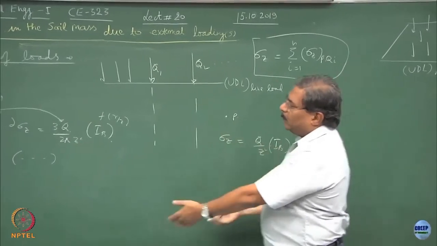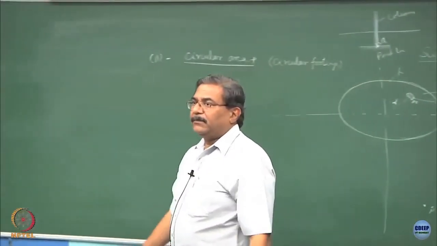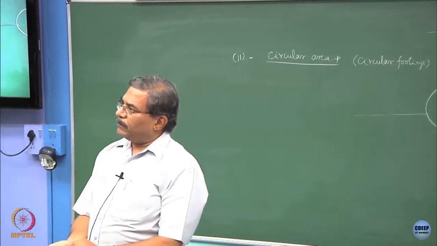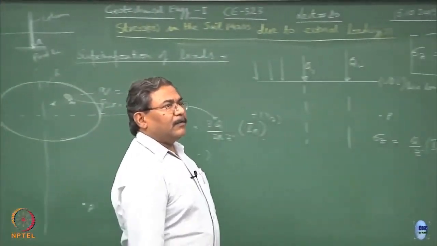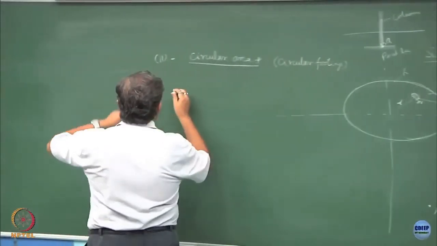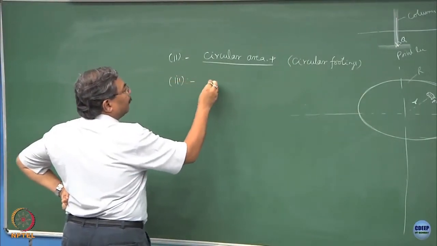The same thing you can do over here also. Conceptually things are the same. Fine. Another interesting thing, sometimes rather than having circular footings, we might be having, let us say, strip footings.